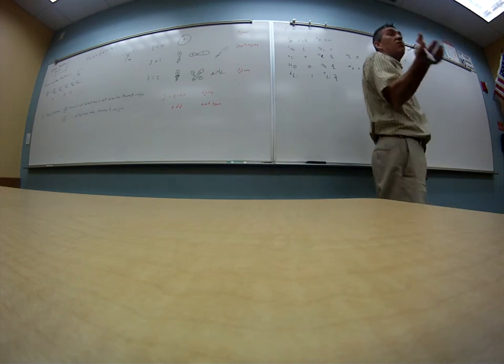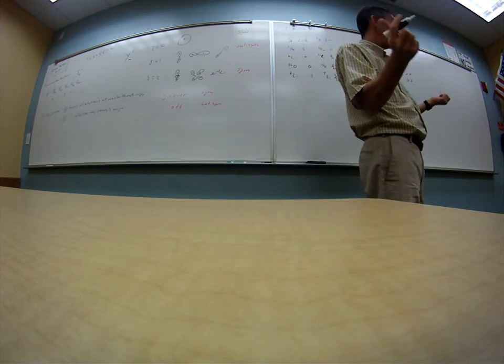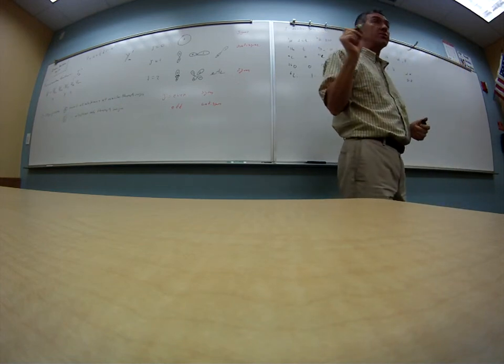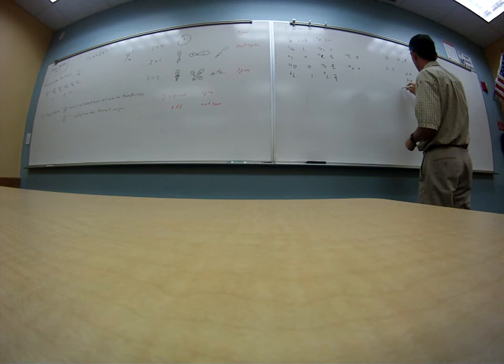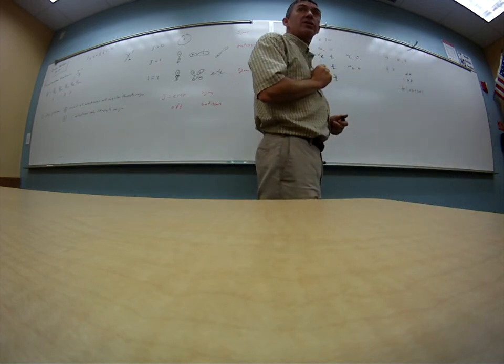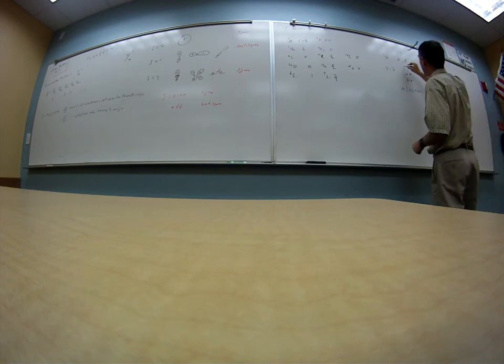Now, you can have 1 alpha and 1 beta, but you can't distinguish which is alpha and which is beta. So we form 2 linear combinations, if you recall. We can have the symmetric linear combination. So these are all symmetric.